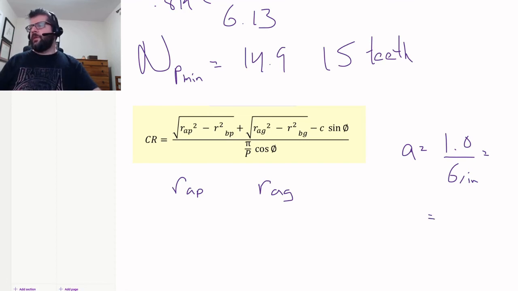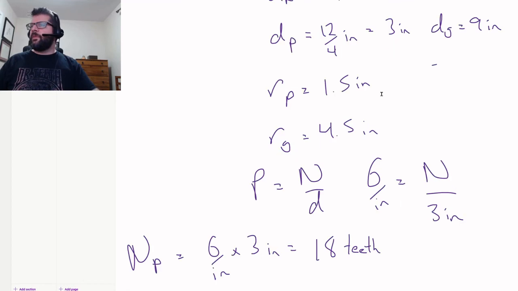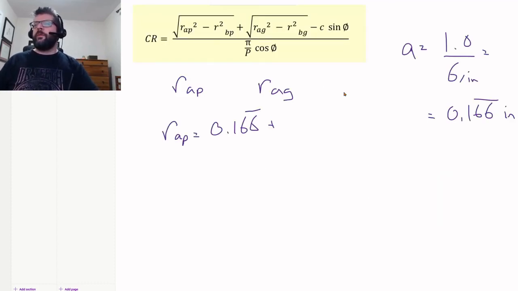And that'll give us 0.166 repeating inches. So the radius of the addendum for the pinion is equal to 0.166 repeating plus its diameter divided by 2. So the radius of the pinion, we already had that. 3 divided by 2 or 1.5 plus 1.5.